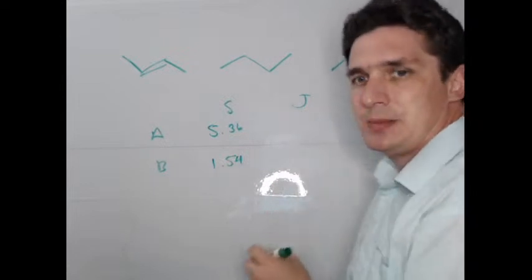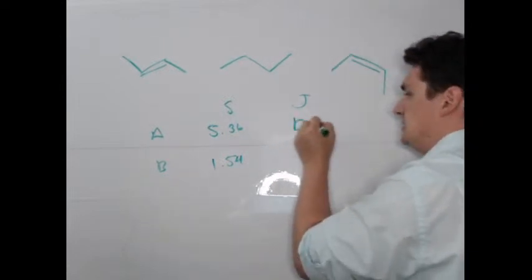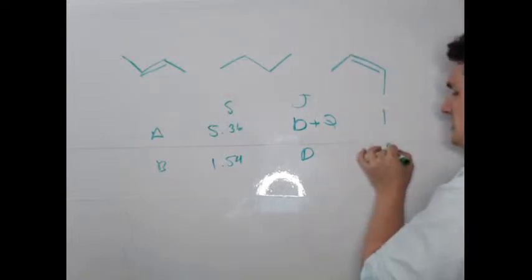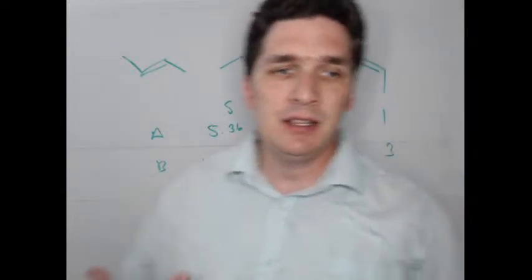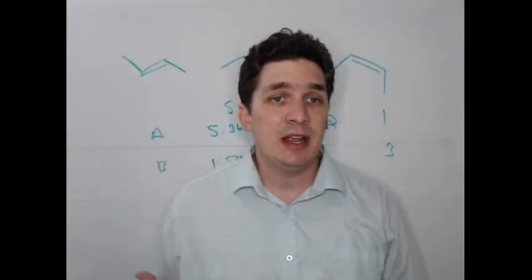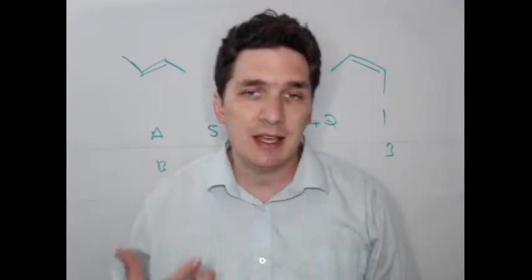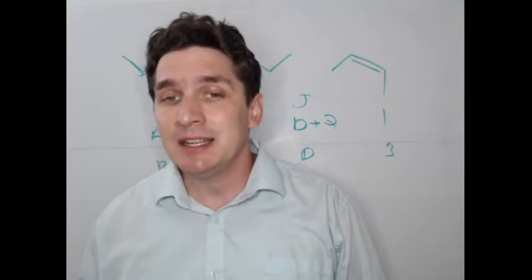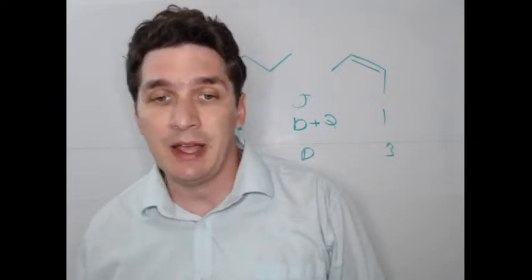In terms of our J coupling, we've got a doublet plus a quartet, we've got a doublet, and then we've got relative areas of 1 and 3. Now, the thing about NMR is that there is not a uniqueness theorem. What that means is that many things can give the same NMR spectrum. You need context to prove that you have what you have.